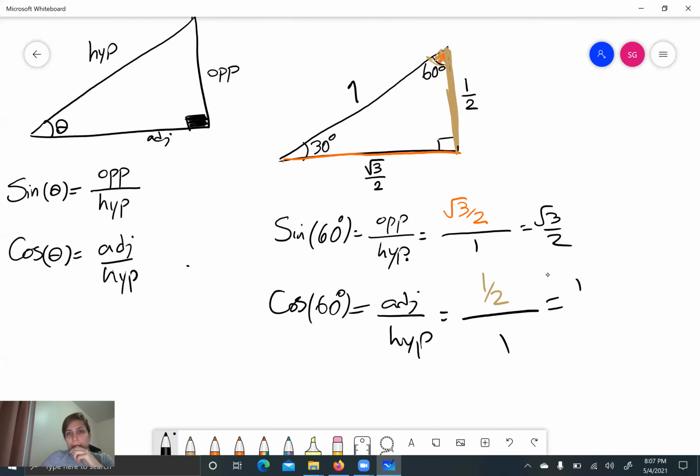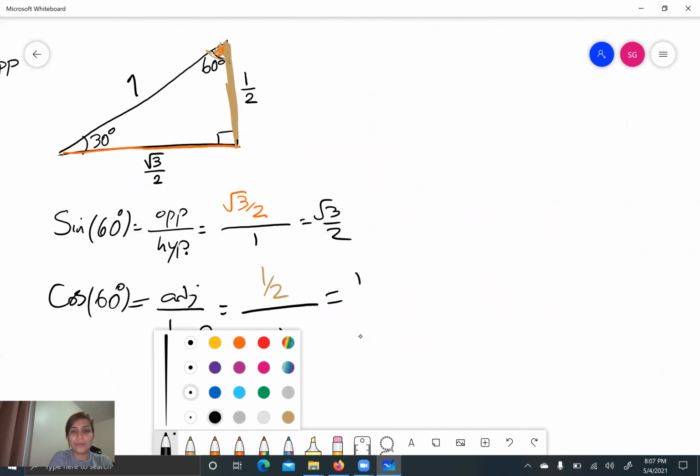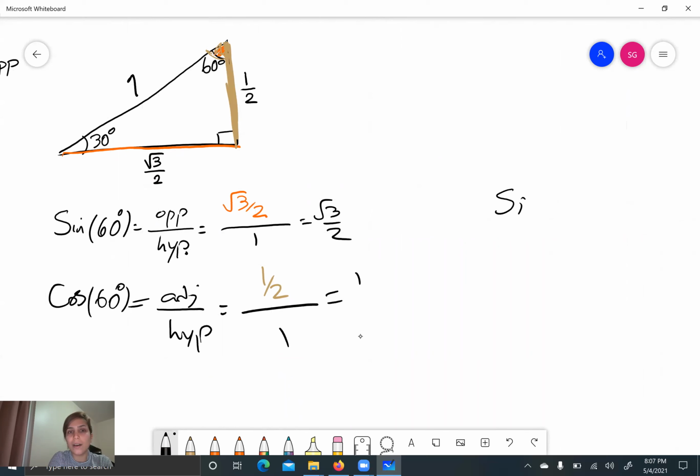I think this would be an easier way to derive the sine and cosine of 60, because we already know what it is for 30. So now pay attention to what we got here. Sine of 30 is half. Cosine of 30 degrees is square root of 3 over 2.